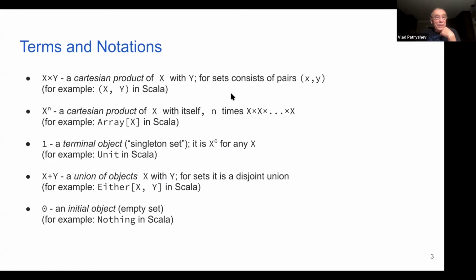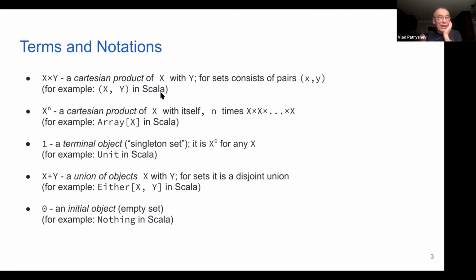So first, the terms and notation. If we have X and Y, it could be types, it could be objects in a category, it could be sets in set theory. A Cartesian product of them, like in sets, consists of pairs (x, y), where x is from X and y is from Y. For example, in Scala it's the type of pairs.